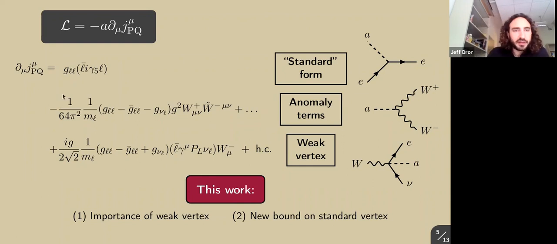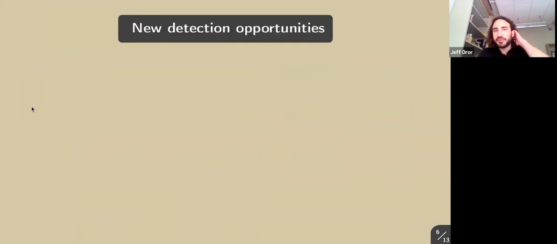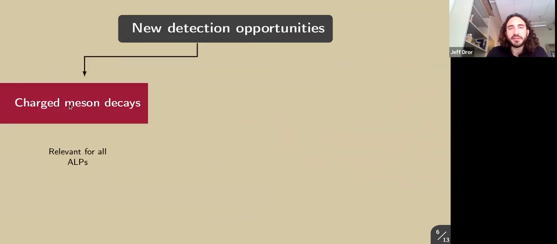Okay. So with that, we can now go to understanding the detection opportunities for this kind of interaction. And there are 3 different opportunities that I want to discuss. The first one is charged meson decays. This will be relevant for weak violating and weak preserving axions, those 2 cases that I mentioned earlier.